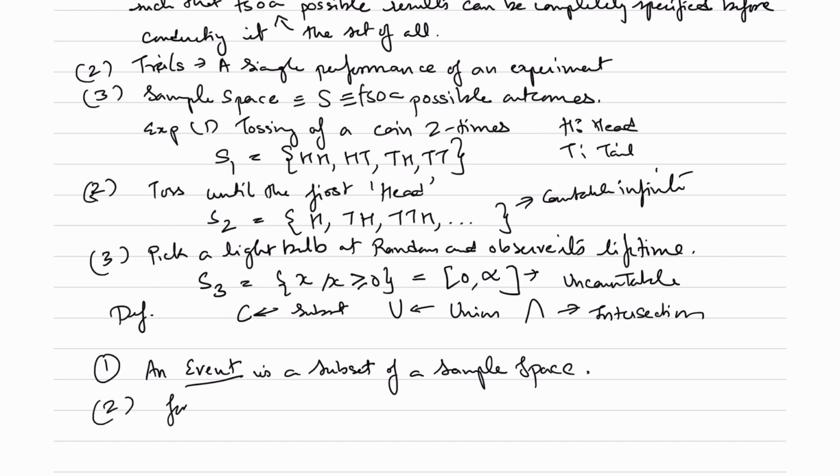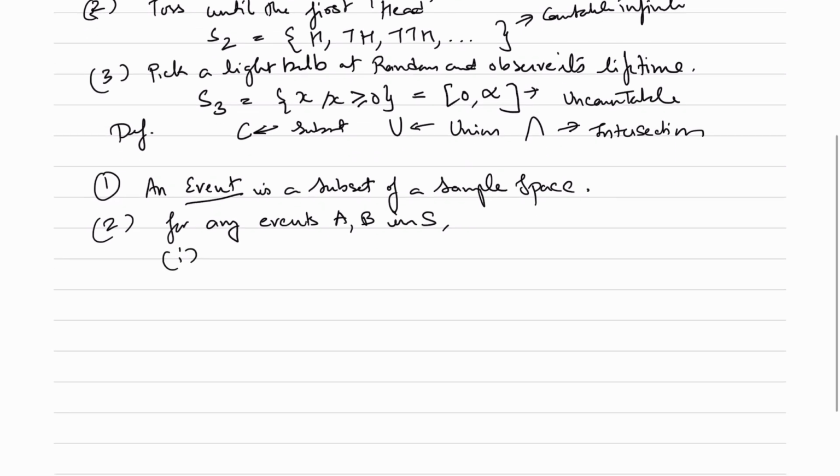Now, for any events A, B in S, there are certain possible things that can happen.